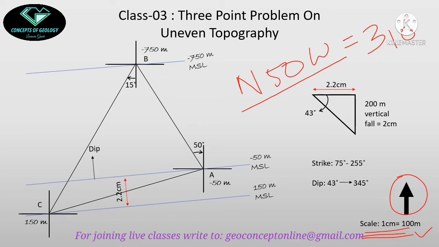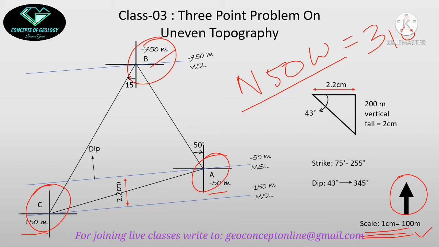To find out the strike, we need to use the RL values. At point A, the RL value was minus 50 meter. Here it was minus 750 and here it was positive 150 meter. So borehole B has encountered the ore body at maximum depth from the datum plane, and borehole C has encountered the ore body at maximum elevation from the datum plane.